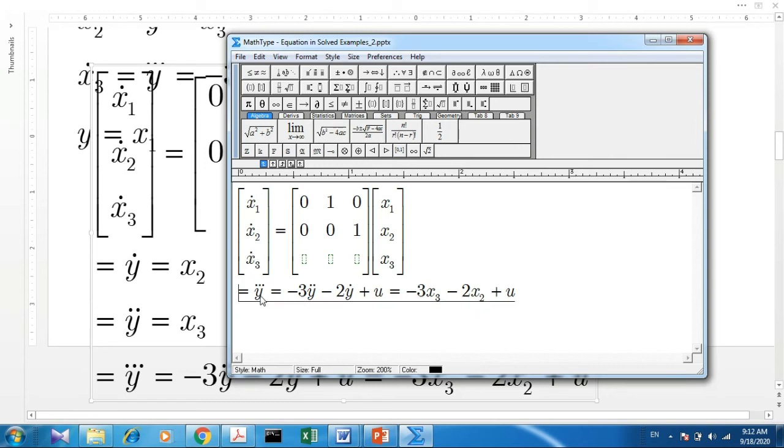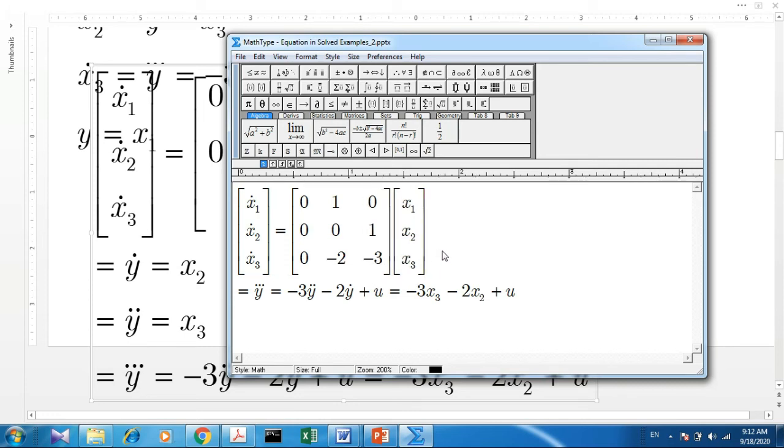x3 dot, which is y triple dot, is a function of x2, x3, and u, so 0, minus 2, minus 3, plus the input matrix. x1 dot is not a function of u, so 0. x2 dot is not a function of u, so 0. x3 dot is a function of u, and the coefficient equals 1.